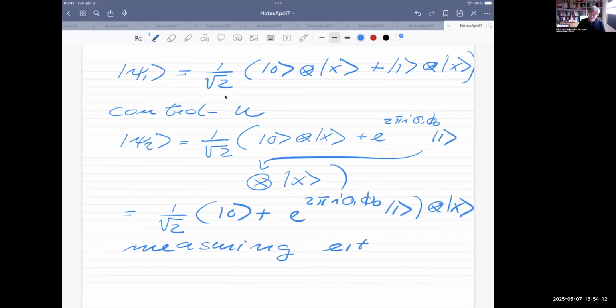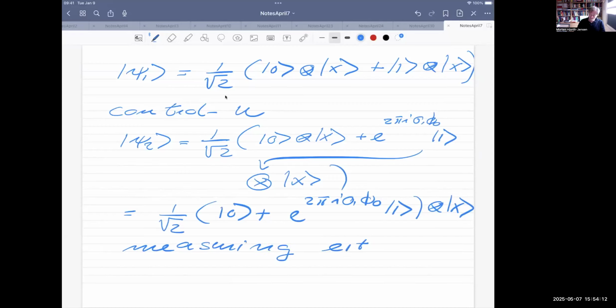So if we now perform a Hadamard on this specific state, psi2, H times psi2 will be the state psi3. And that will give us 1/2, and then we would have 1 plus e to the 2 pi i phi 0 multiplied with 0.